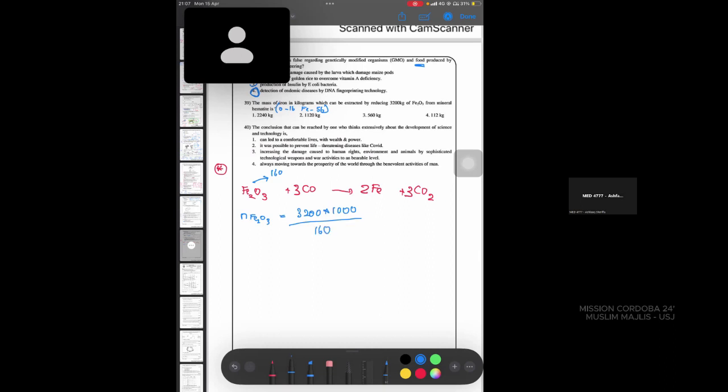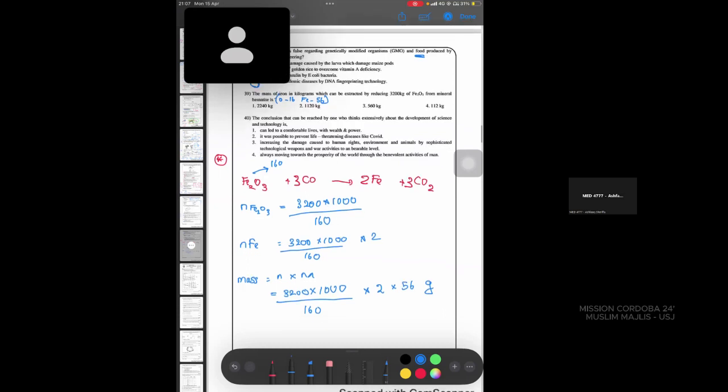If this is the number of moles of Fe2O3, what is the number of moles of Fe? Twice of that. So number of moles of Fe will be 3,200 into 1000 divided by 160 into 2. Mass of Fe is number of moles into the molar mass, so 3,200 into 1000 divided by 160 into 2 into 56. Now this answer will be given in grams, but the question is giving us answers in kilograms. So I have to divide this by 1000.